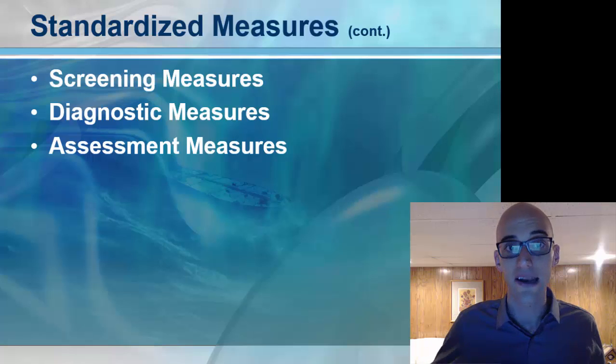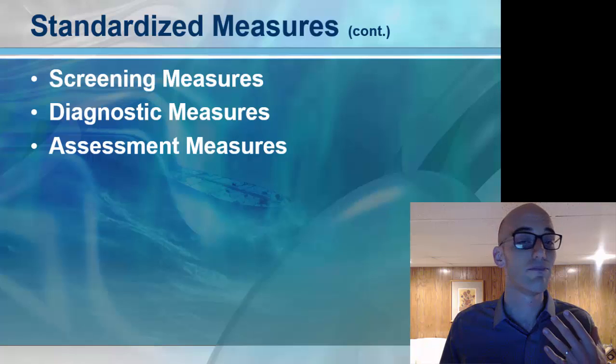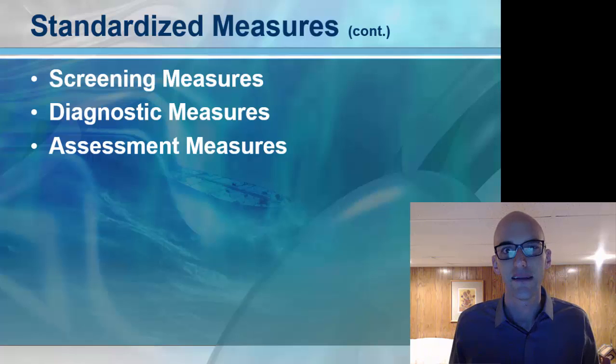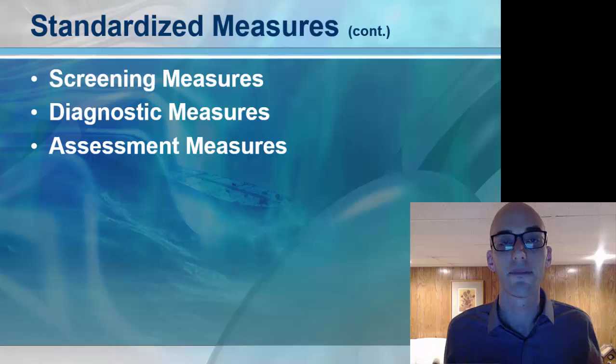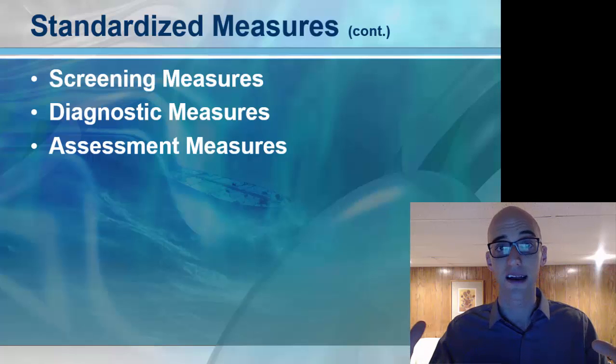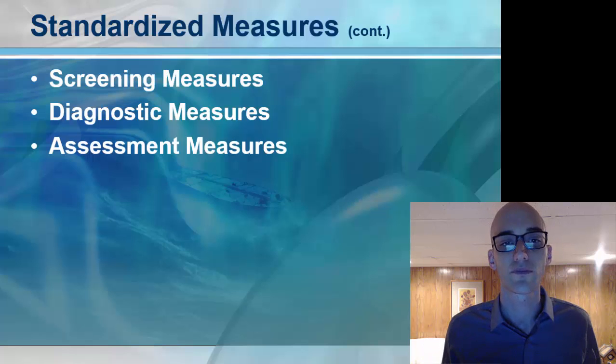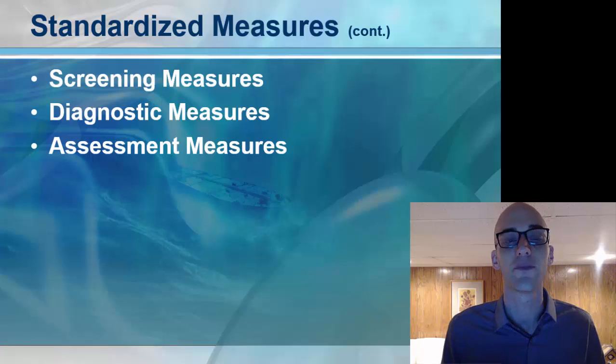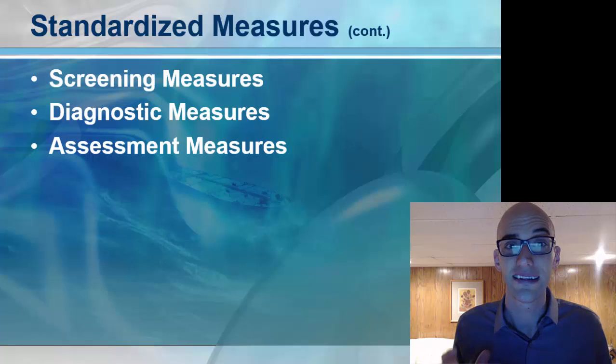It's a full-on battery of looking at a plethora of different things about a client's personality and background to give you a fuller picture of their entire presentation. Assessment measures, again, might be something like an IQ test because you're going to be assessing for somebody's cognitive impairment or cognitive functioning. So for your single system design for your project, you're going to be wanting to choose something that's a little bit more abbreviated, short, and easy to use.